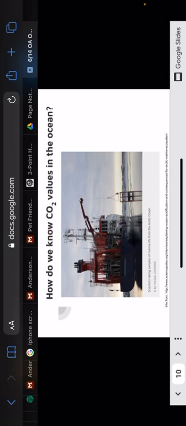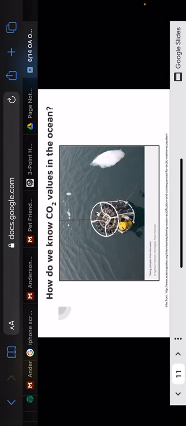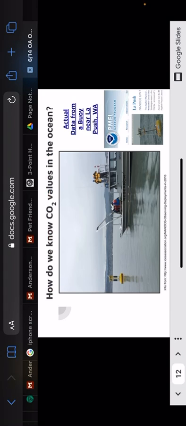So this is just a research vessel, and it's showing one of these kind of contraptions that they will lower down into the ocean. This next slide is showing when they're pulling it up, and you can see the little canisters that are around the side. Each one of those gets filled with a sample, and then they can use it to analyze the dissolved carbon dioxide.